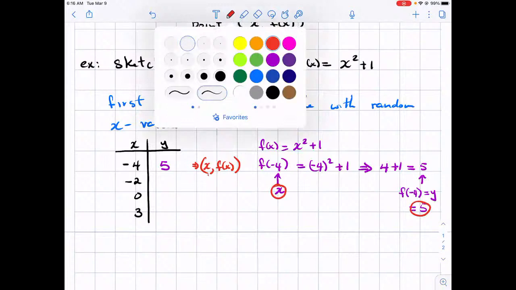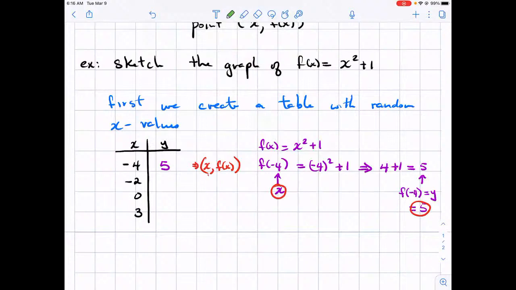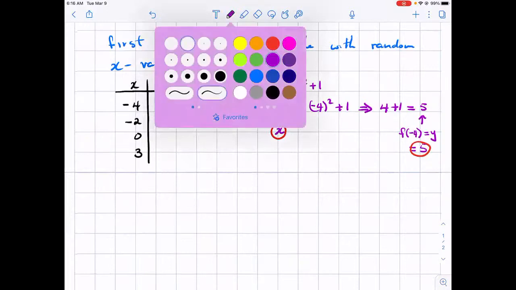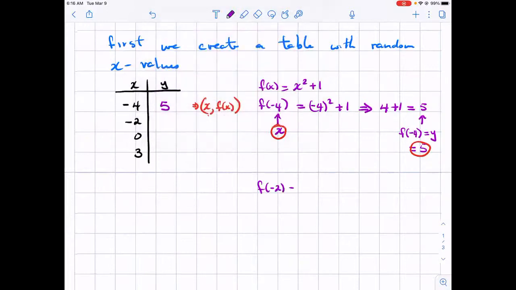And if we continue to do this, which you can try on your own, when you find f of negative 2, f of negative 2 will be equal to minus 2 squared plus 1, and this becomes 4. Made a mistake. This should have been, let's erase that. This is 16 plus 1, and that is 17.